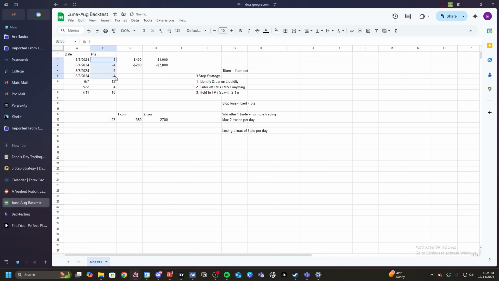Based off these 8 trades, it depends how many contracts you're on, but on one contract it would have been 1,350.